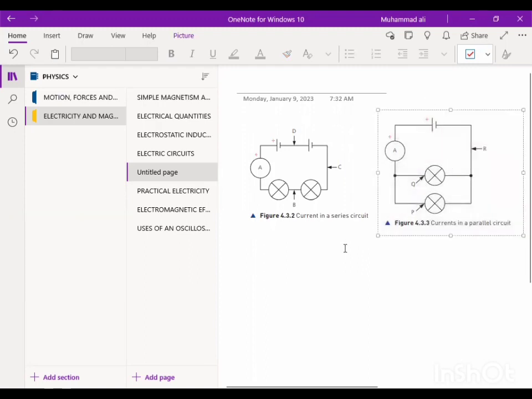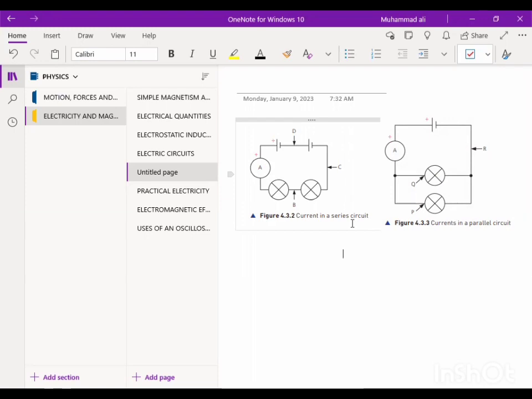One of them is parallel and one of them is series, right? So first of all, when we talk about what exactly is the difference between a series circuit and a parallel circuit, a series circuit is always going to have only one path through which your electric charge can flow, or electric charge is actually current, right? So the first thing that we need to talk about when we're talking about circuits is, of course, our current.